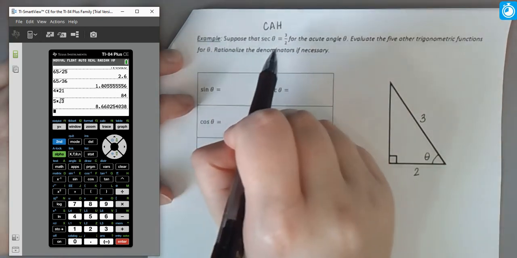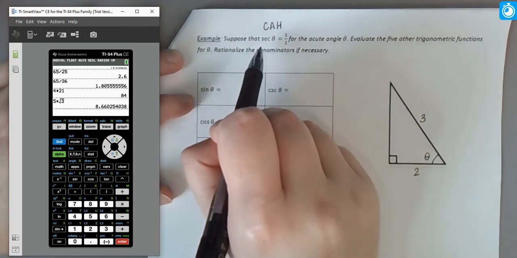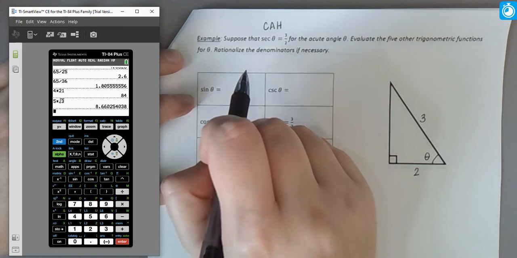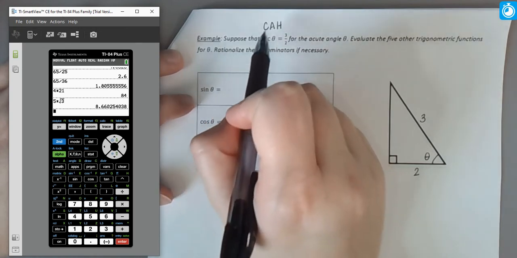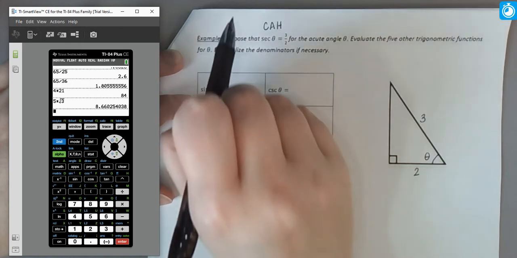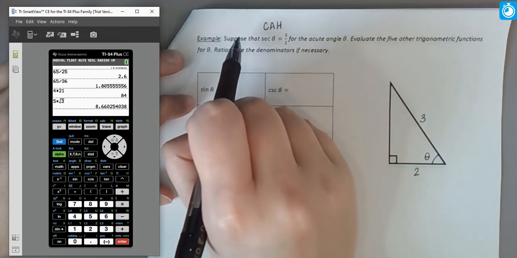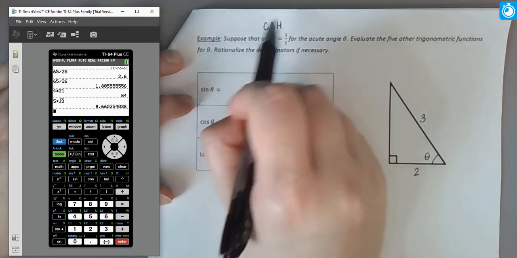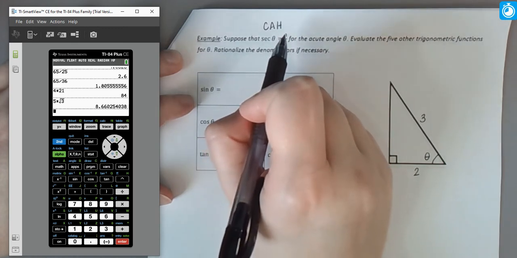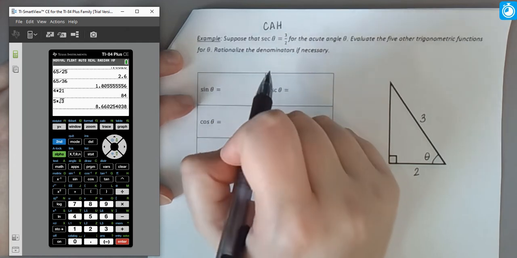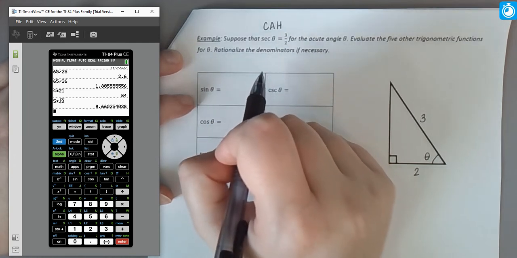Now notice, because we've been given an actual trig value as opposed to leg lengths or the hypotenuse's length, we don't know anything about units. Because remember, when we found the trig values, the unit in the numerator and denominator ended up canceling out. The same kind of thing has happened here. So we don't know if we're talking about 3 and 2 inches or 3 and 2 feet. At the end of the day, we don't know.